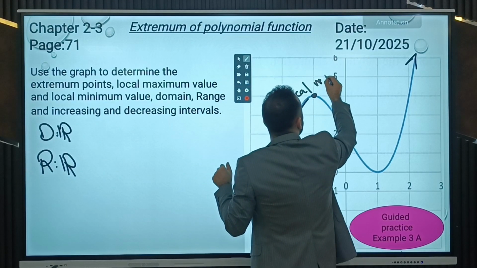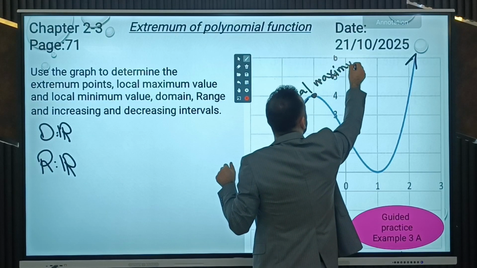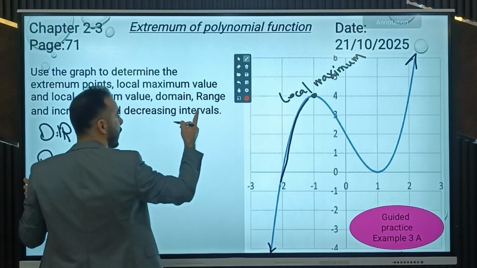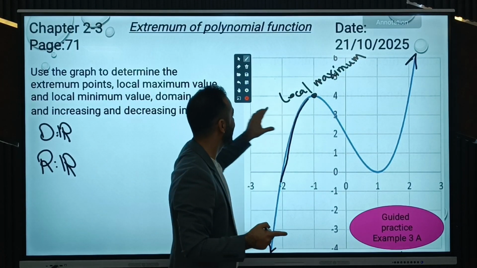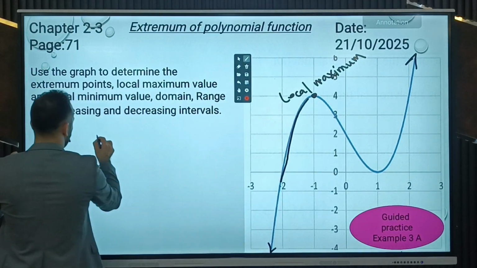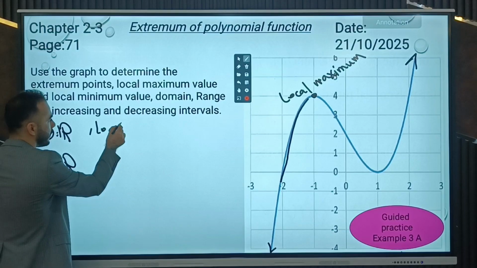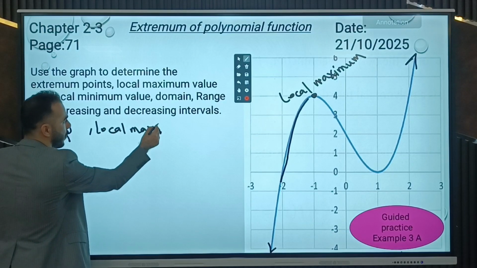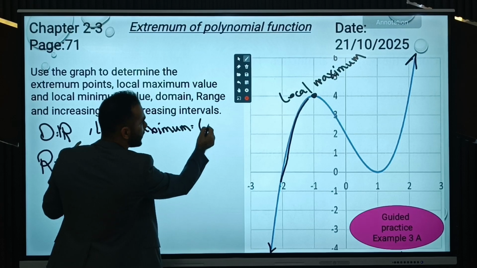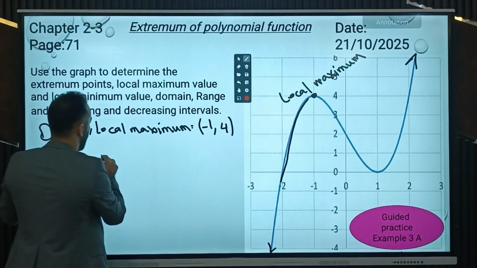The local maximum value is, by the way, 4, but if it asks for the point, the local maximum is the point (-1, 4).